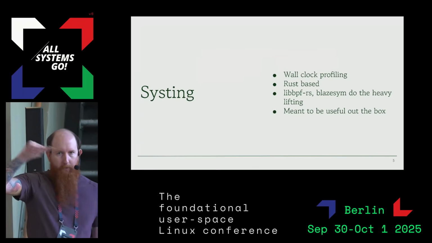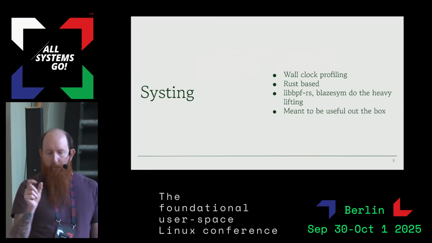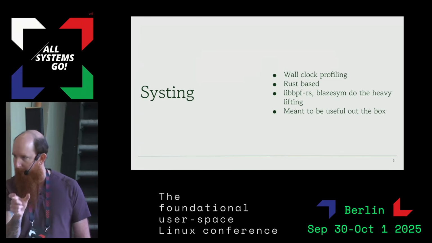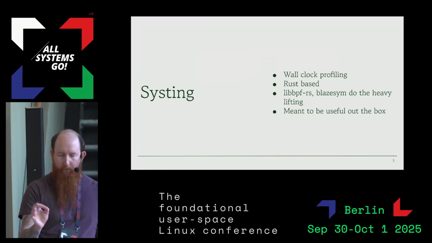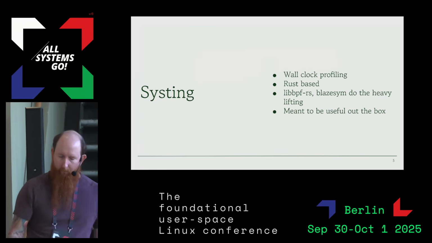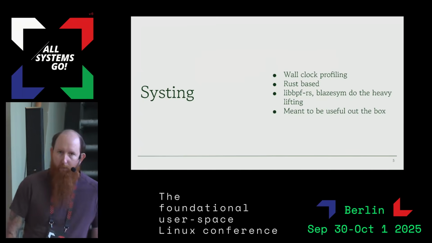And this way you can get a clear view of, okay, I spent 4 seconds in this function, and 3 of those seconds was spent in this function, and 1 second or 0.1 second or whatever was spent in the rest, and it really helps you get down. So this is the idea of wall clock profiling.